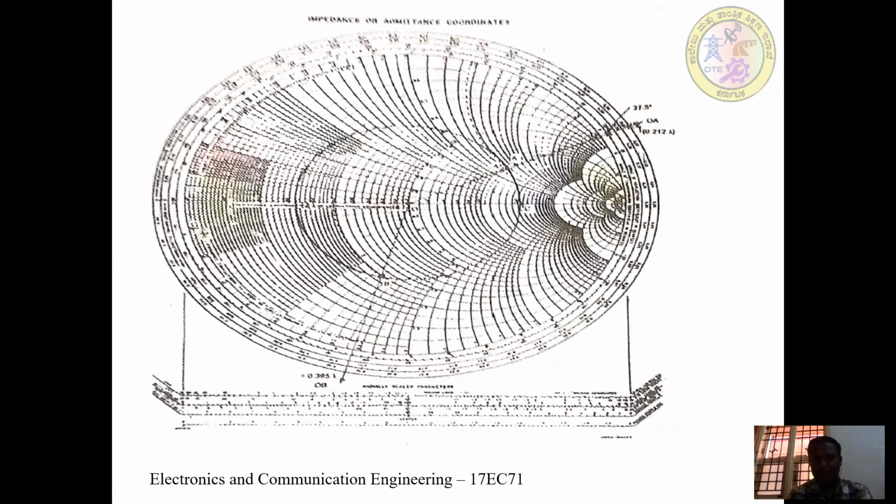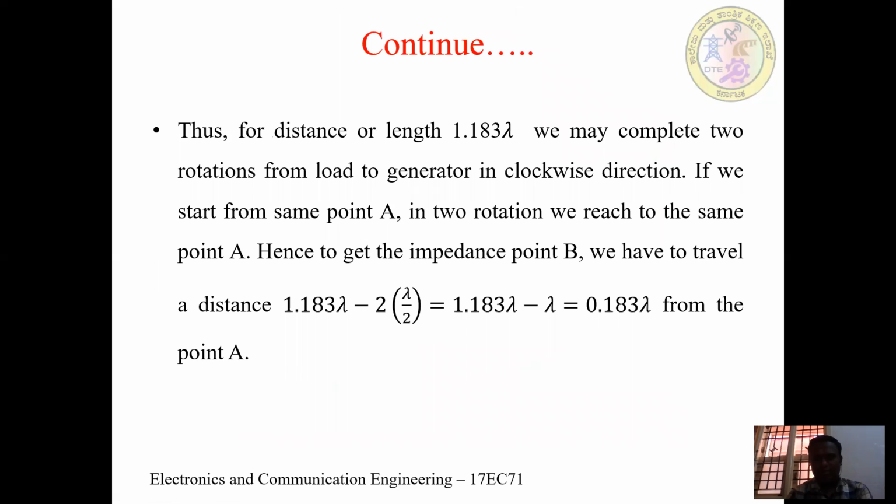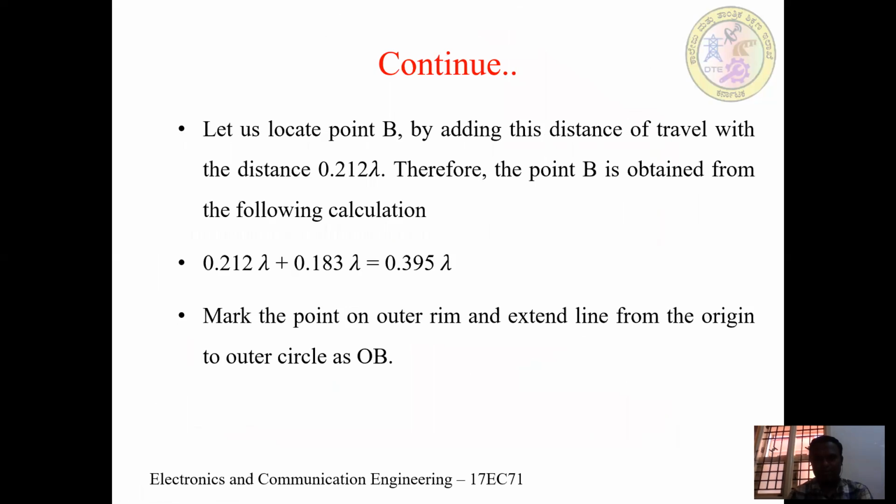So to locate B, it is 0.183 lambda from point A. Let us locate point B by adding this distance of travel to the distance of 0.212 lambda.